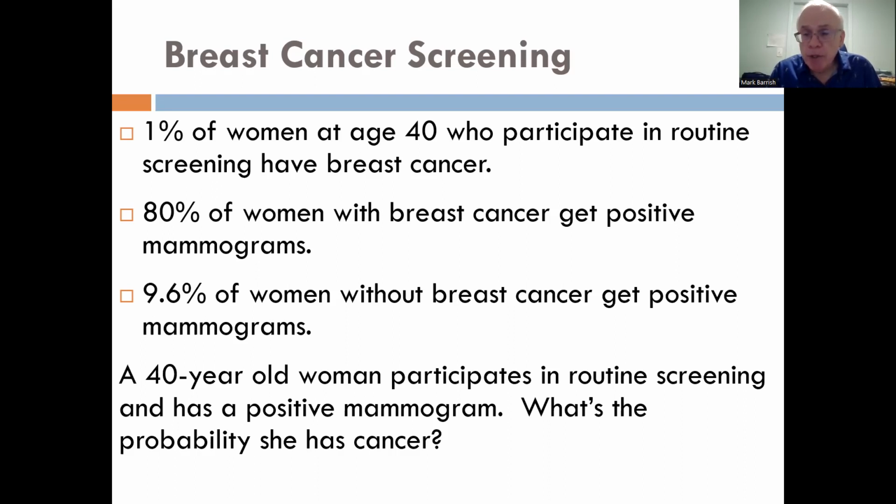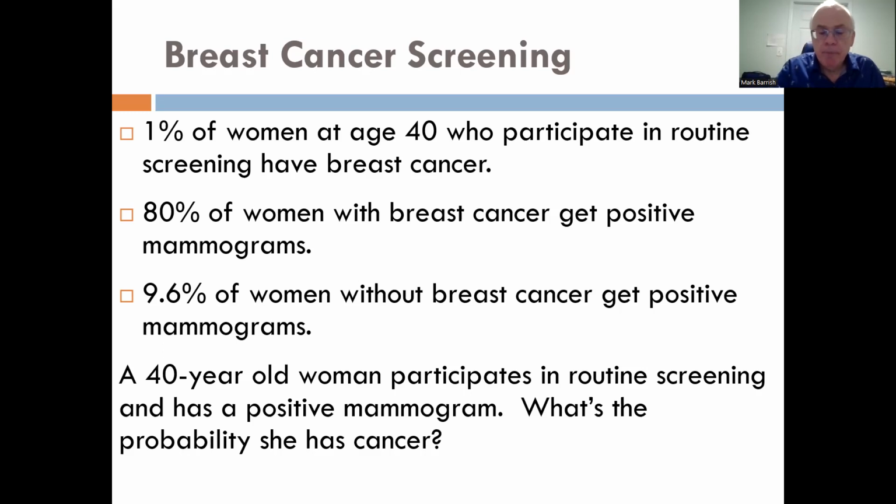So how would we say this in another way? We would say this is the probability of a woman having cancer if we know for a fact that she had a positive mammogram.